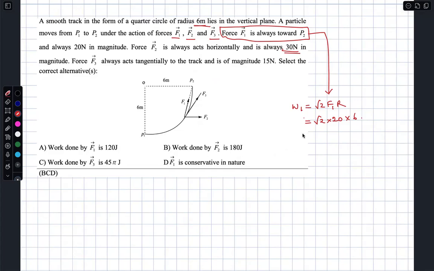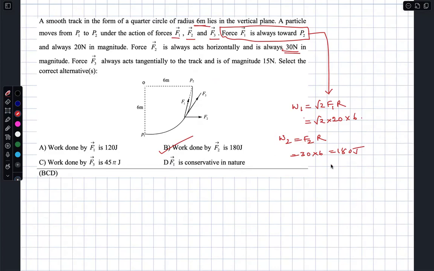Work done by F2 is very simple: F2 times displacement, 30 times R, 180 joules. So work done by F2 is 180 joules.